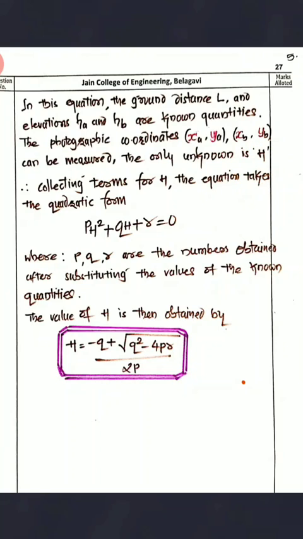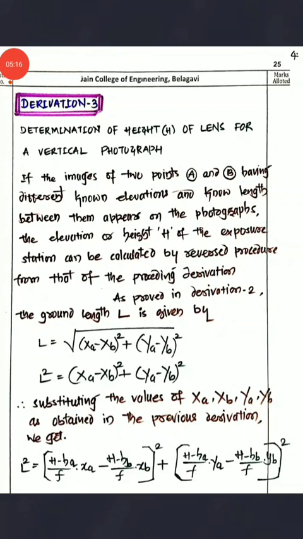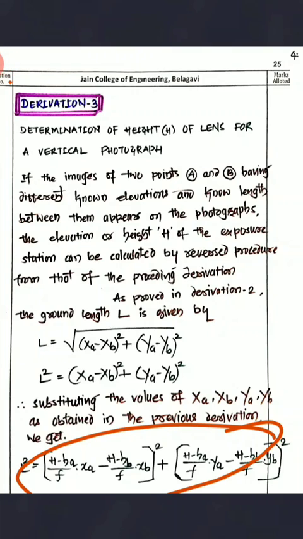Collecting the terms of H, you can convert the whole equation into a quadratic equation, that is pH square plus qH plus r. These terms p, q, r I have taken for simple understanding. Now you are supposed to convert the whole equation into a quadratic equation.